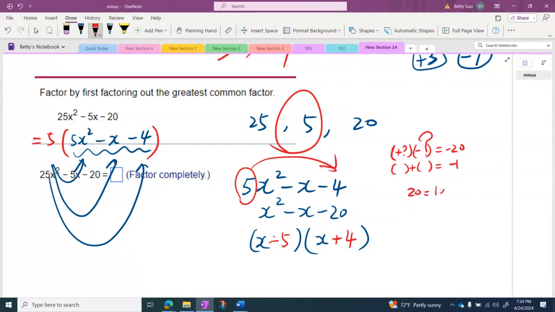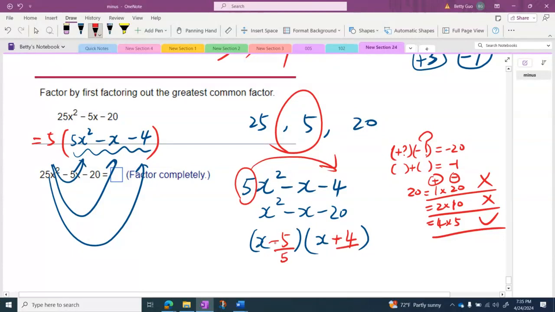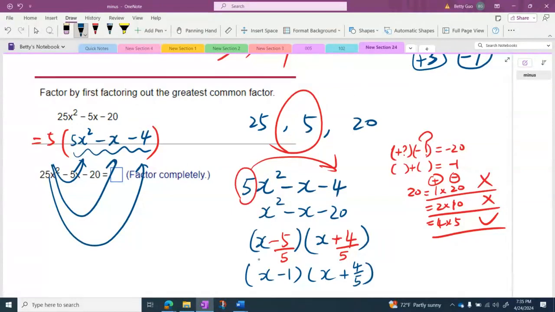And then we factor 20. We can do 1 times 20, 2 times 10, 4 times 5. And we place a negative sign here, positive sign here. This one doesn't work. This one doesn't work. And this one works: positive 4, negative 5. Then divide the two numbers by the original leading coefficient, which is 5, and simplify: x minus 1, x plus 4 over 5.